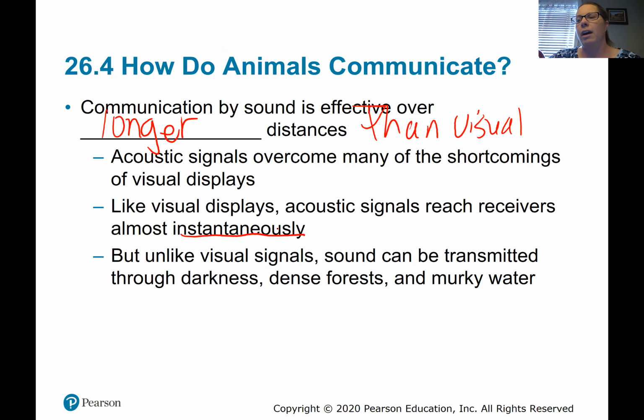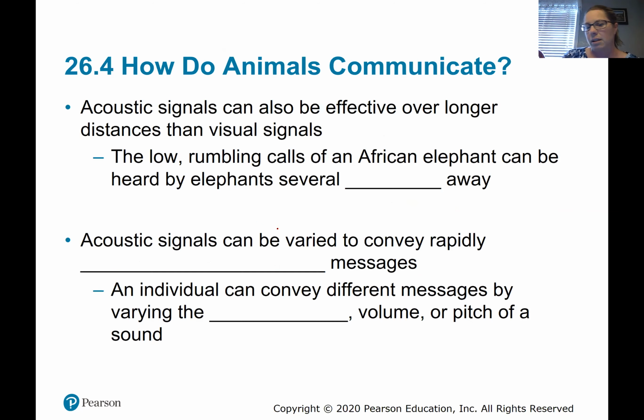If you're a half a mile or a mile away, it might be a little bit slower, but it's almost instantaneous, and the sounds can go through the darkness and dense forests and so forth. If you go to the rainforests, you can hear some very loud sounds, and as a human, you may not know where that sound is coming from, but you can hear those through the dense vegetation.